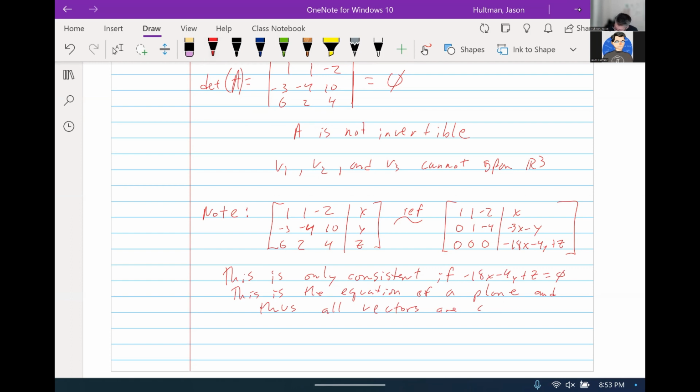I should say all vectors v1, v2, v3. All three vectors, v1, v2, and v3 are coplanar.